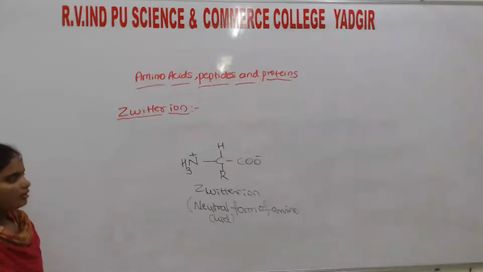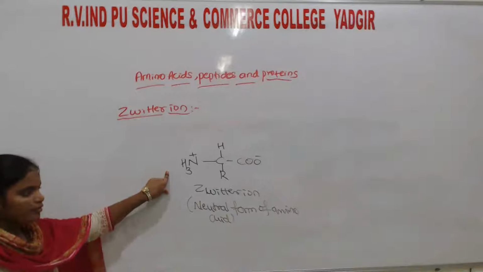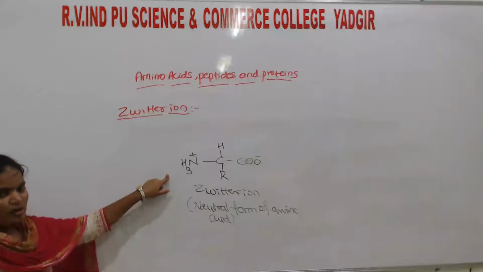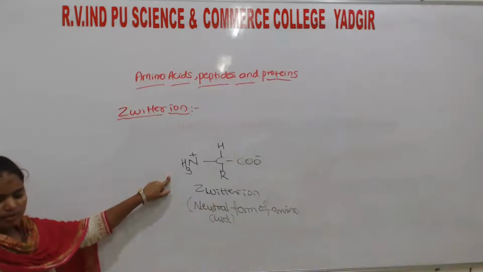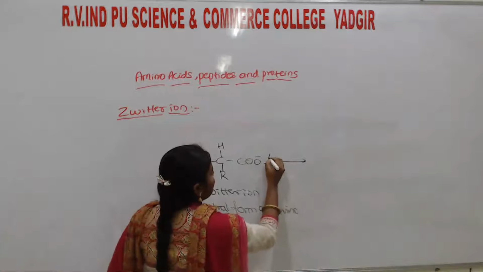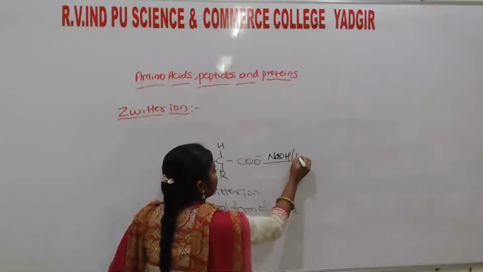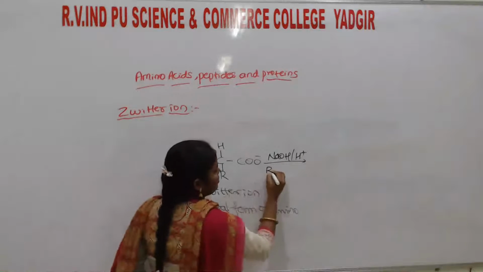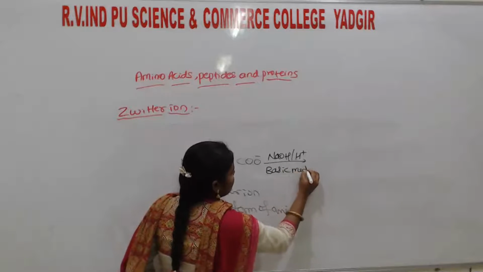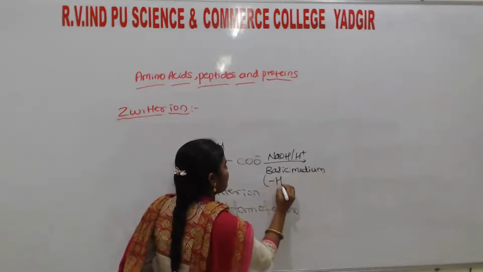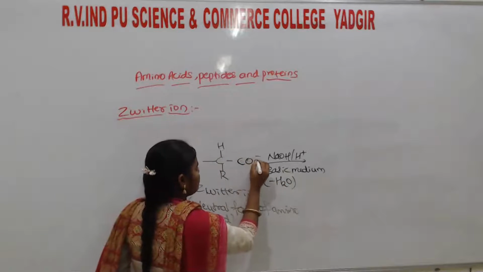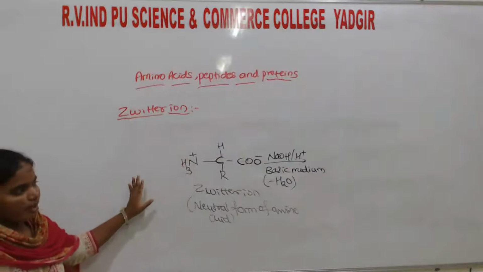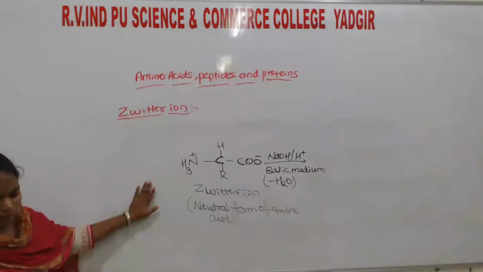When this neutral form of amino acid, the Zwitter ion, is dissolved in sodium hydroxide, a basic medium, NaOH, there is removal of a water molecule.